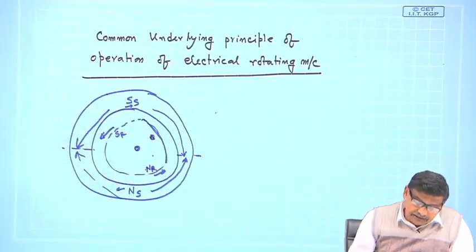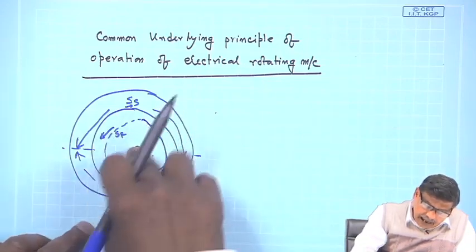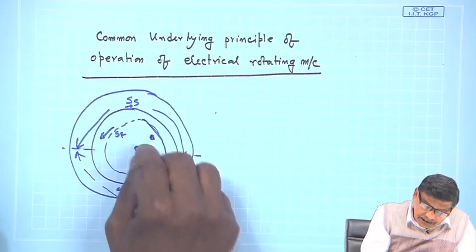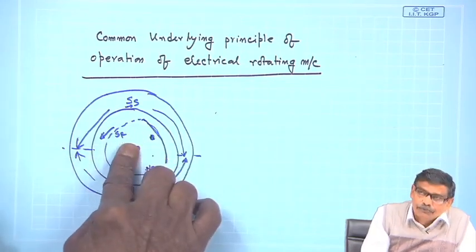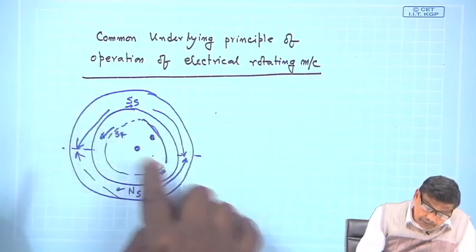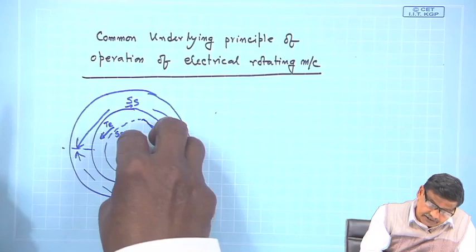Now suppose in this position I am for the time being just holding the rotor, not allowing it to move, but I am sure at this point there is an electromagnetic torque in this anticlockwise direction, is it not?